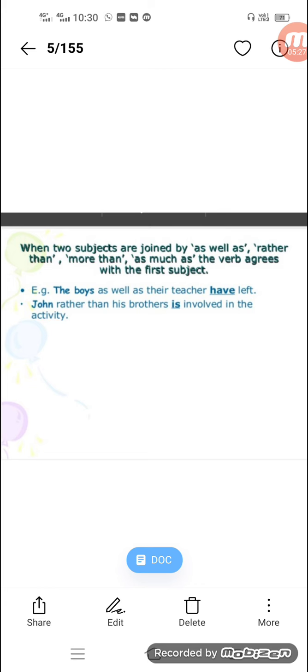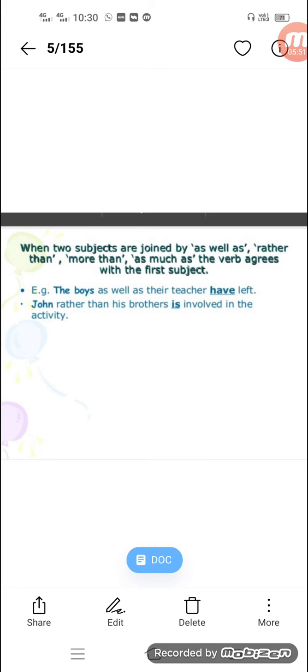Next we can see when two subjects are joined by as well as, rather than, more than, as much as, the verb agrees with the first subject. Whenever two subjects are joined together by as well as, rather than, more than, as much as, then we have to take the first subject.